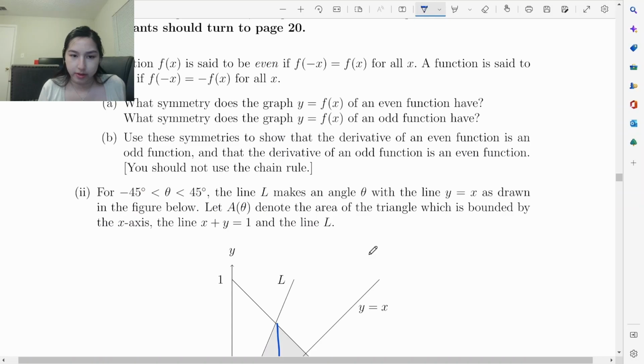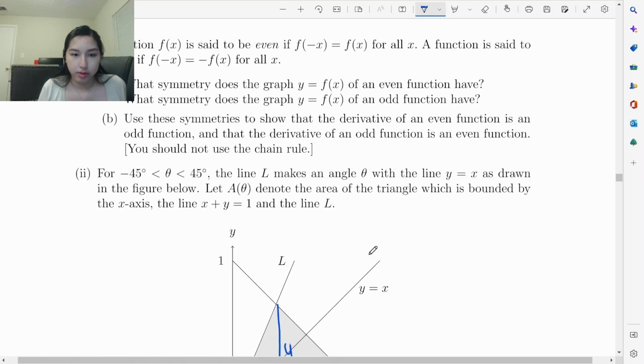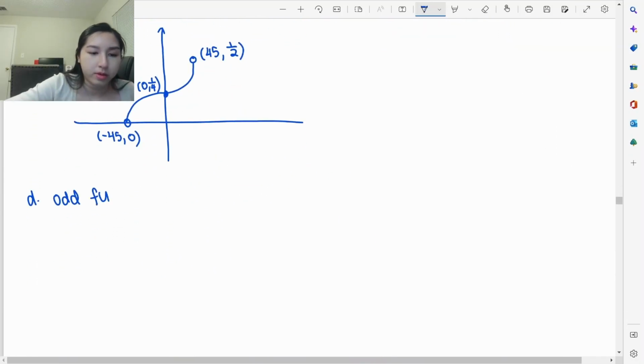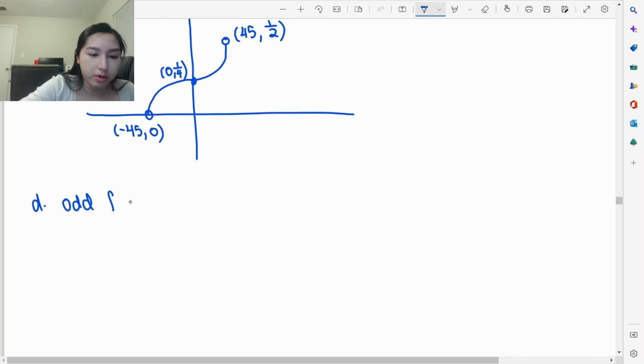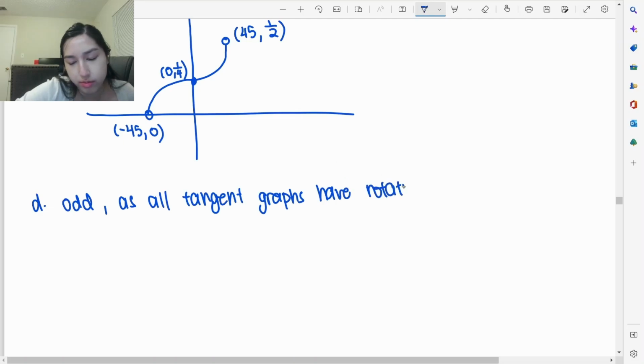In light of that, it would be odd, as all tangent graphs have rotational symmetry, and they are all odd anyway.